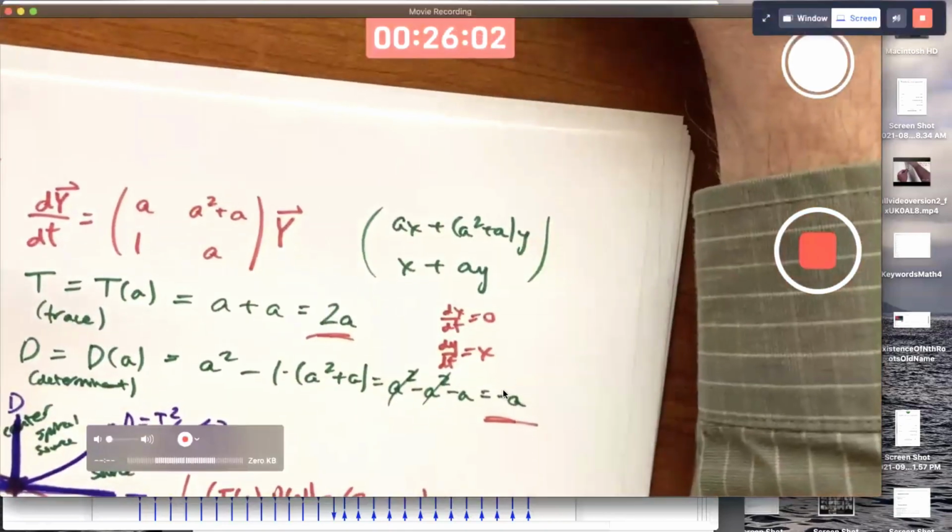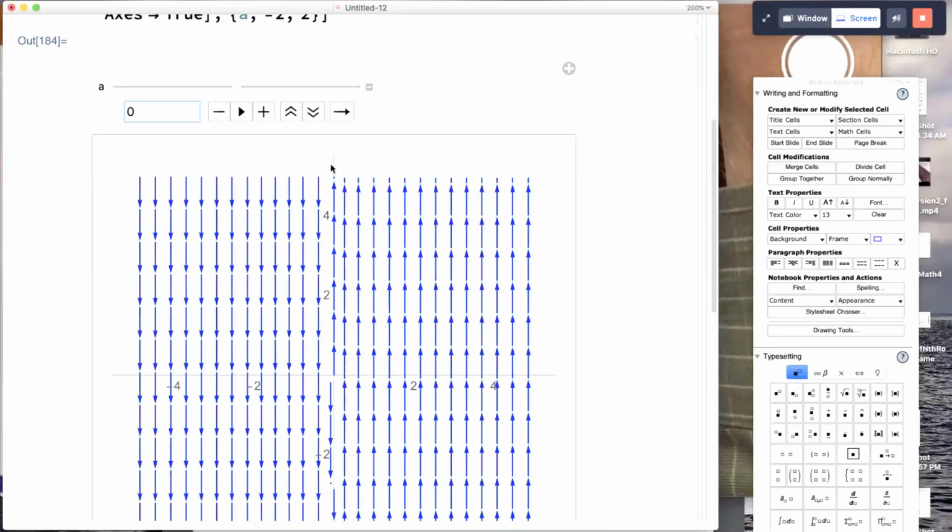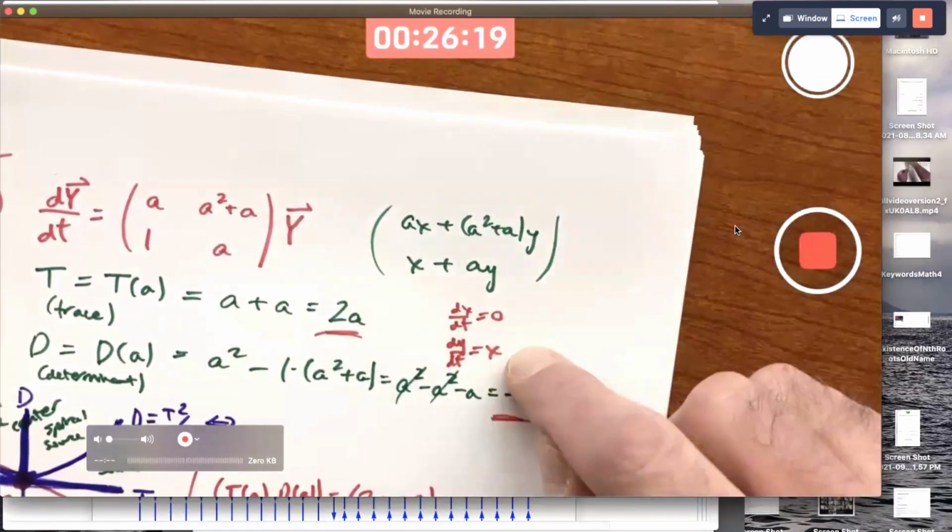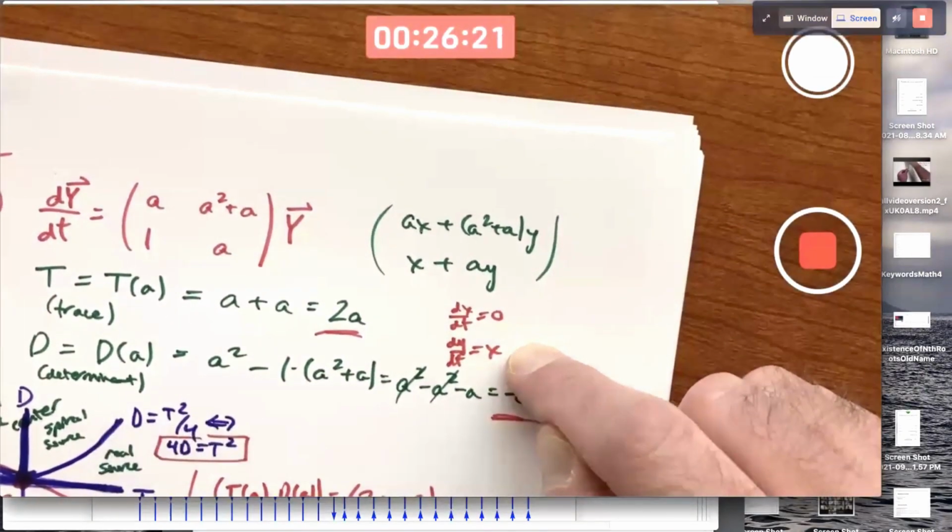If you're to the right of the y-axis, solutions increase, dy/dt is positive, because x is positive. If you're to the left of the y-axis, solutions decrease, dy/dt is negative, because x is negative. dy/dt equals x when a is 0.